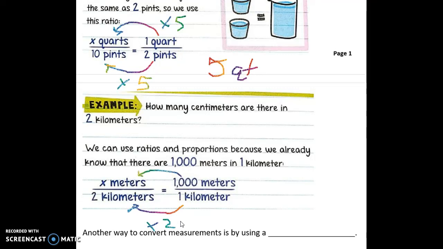So what do we do to the top? You got it. Multiply by 2. And 1,000 meters turns into 2,000 meters. Oops. Alright, so if we have 2 kilometers, then we have 2,000 meters as well.